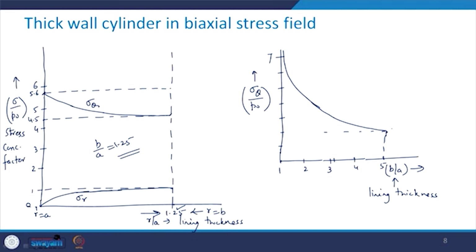So, this is the variation of this stress concentration factor with respect to b by a. If somebody asks you how the variation of radial and tangential stresses will be in case of the thick wall cylinder in a biaxial stress field, this is how they will look like.